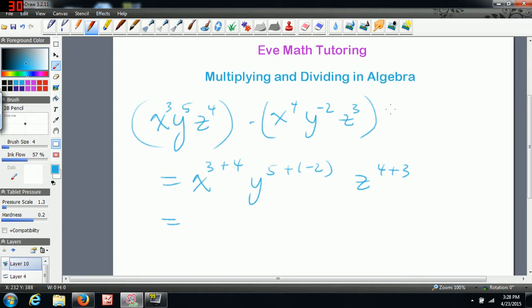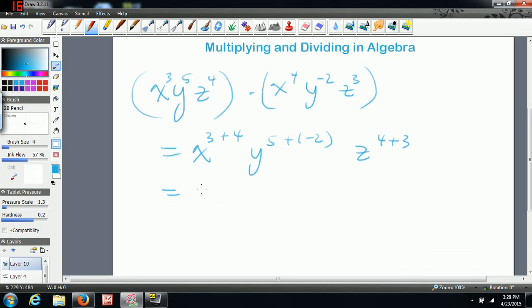You collect everything with the same base, and then you just add their exponents. So this would become x to the 7, y to the 3, and z to the 7. That's how you would simplify something like this.